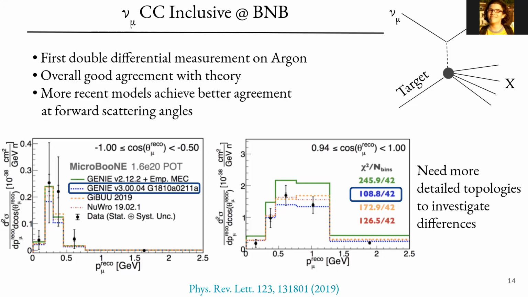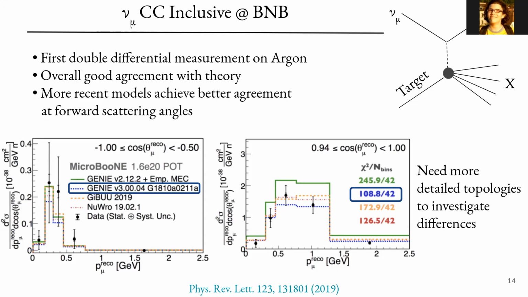What we learned out of this comparison is an overall good data-Monte Carlo agreement with the more recent models, in this case corresponding to the blue line and one of the latest versions of the GENIE neutrino event generator, being the ones that are doing the best job, especially as we move to forward scattering angles.